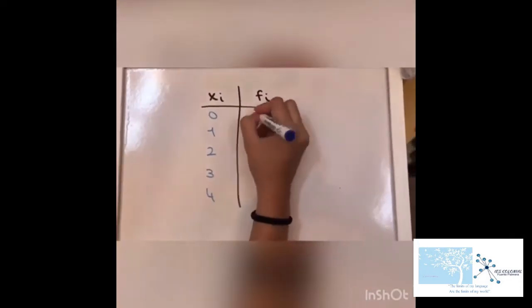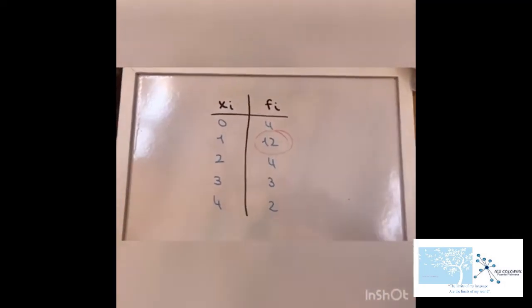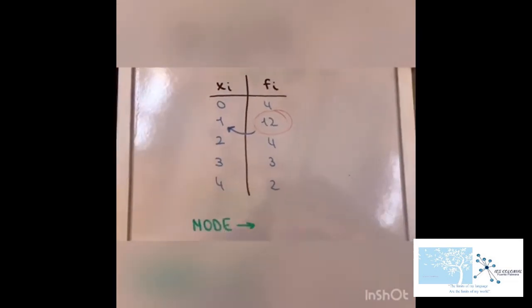In this case, the largest number in the fi column is 12, whose xi is 1, so the mode is 1 car.